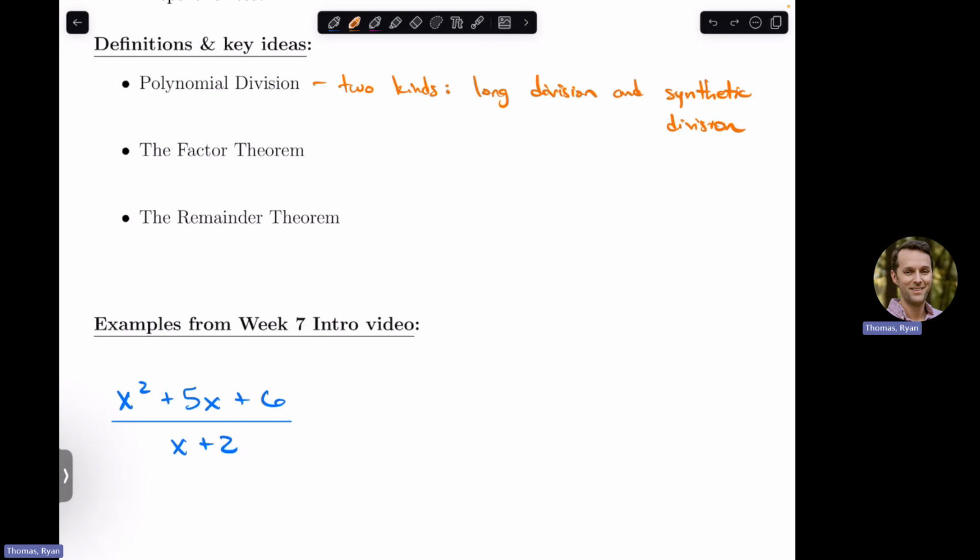But the reason that we're doing this is mostly because of this thing called the factor theorem, which we've been using already.